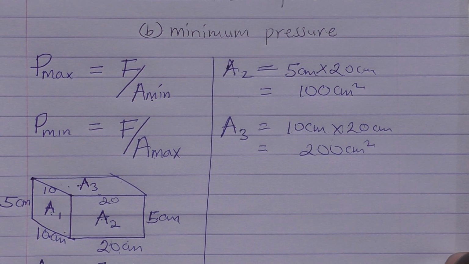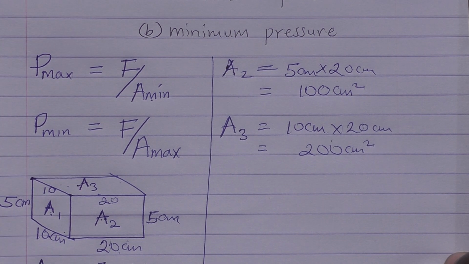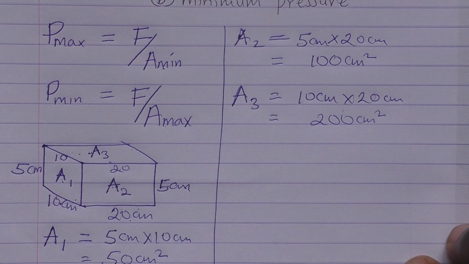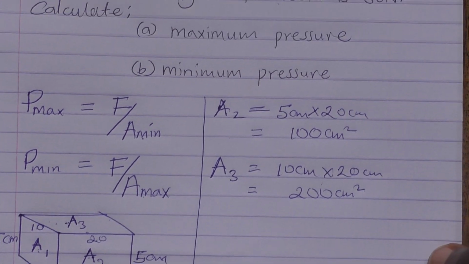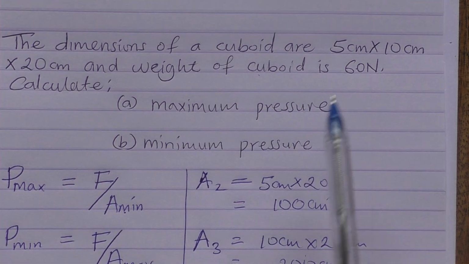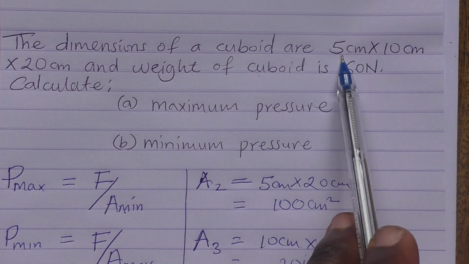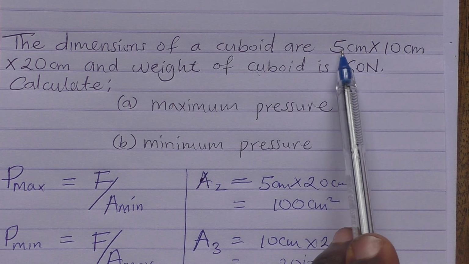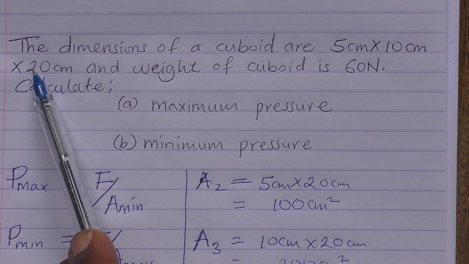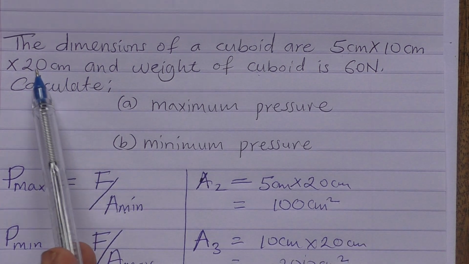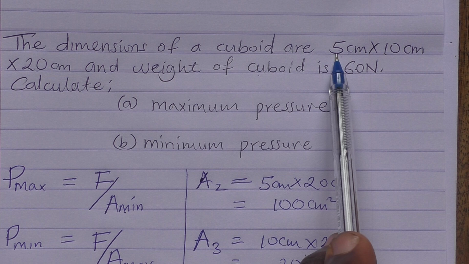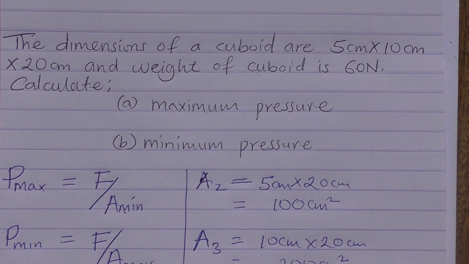Perhaps that is one way. Someone will choose not to draw and show the areas, but just to multiply any 2 of the dimensions given. You can first multiply this and that, then 5 and 20, then 10 and 20, meaning that each value here multiplies the other 2.